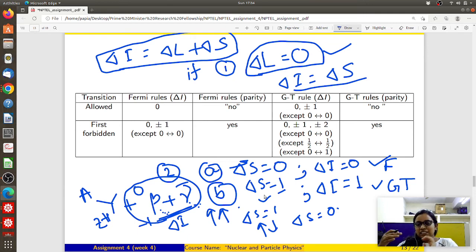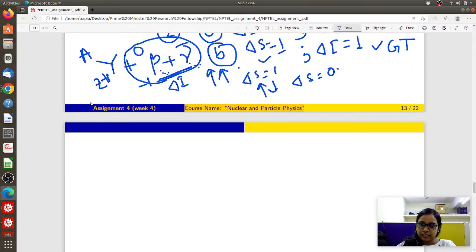Okay, so this is about the allowed transition. But obviously if it is not allowed, if it is a forbidden transition, then what will be the case? For the forbidden case, what is the first condition?